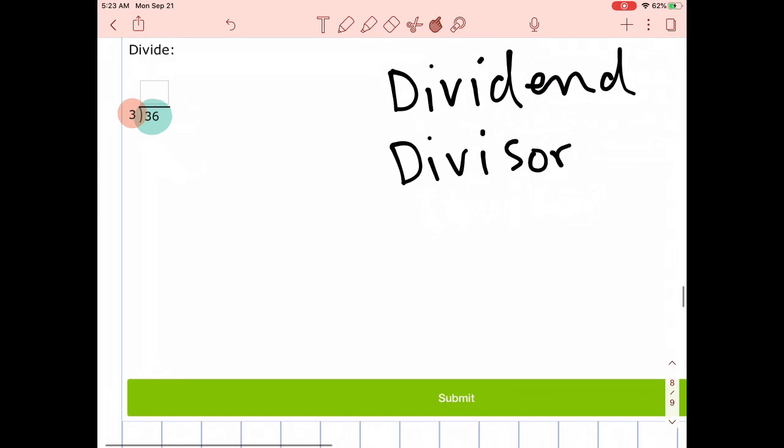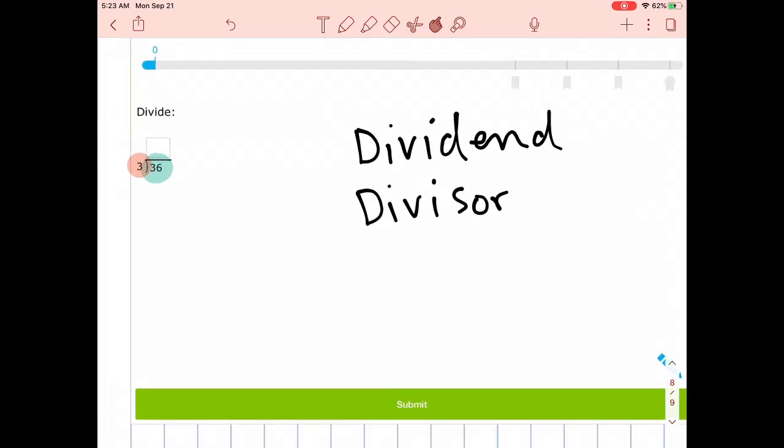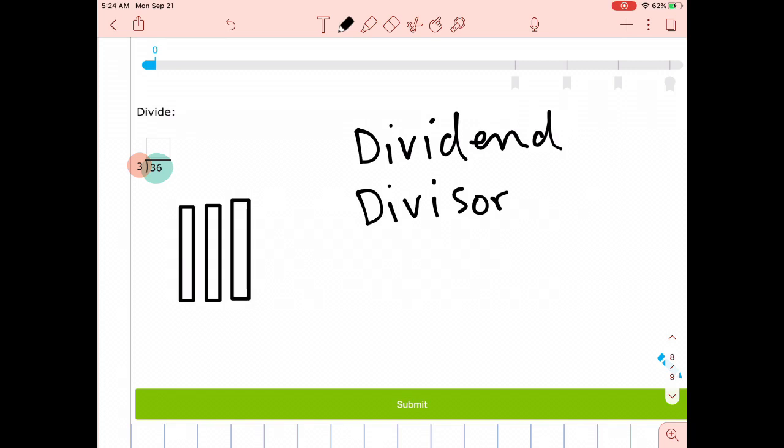So just to illustrate what this problem looks like, in this example we would make 1, 2, 3 groups, and then 6 in each. 1, 2, 3, 4, 5, 6.